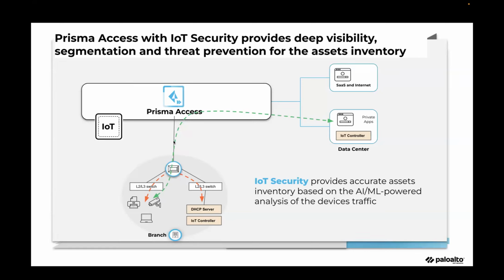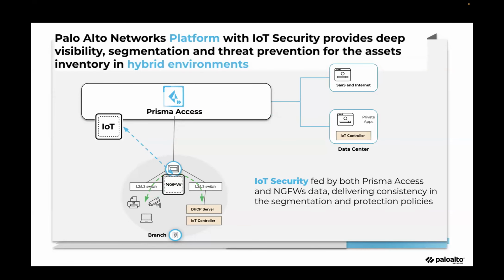So I was saying that for traffic that's going out there, either to a private data center or some controller I might have in the cloud, I have full visibility within SASE into this traffic. But there is still some traffic that these devices and assets might generate locally, traffic that would stay in the branch. For that, Prisma Access alone in the cloud might have a hard time getting visibility. Our platform could come and have a strong play there.